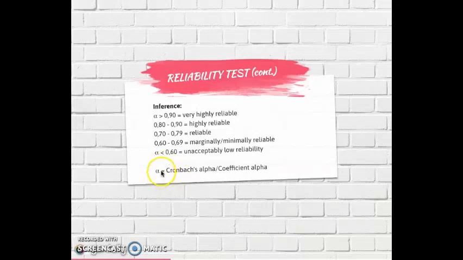Your instrument is considered reliable if the coefficient alpha is higher than 0.6. Once again, items are considered reliable if the Cronbach's alpha coefficient is higher than 0.6. However, in other references or books, some also require that the alpha should be higher than 0.7.